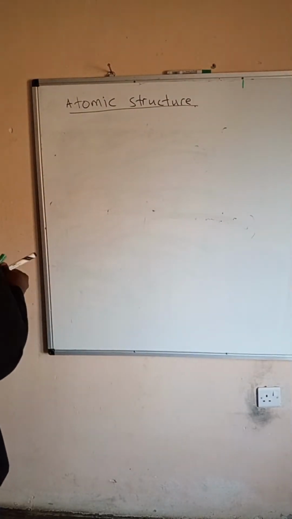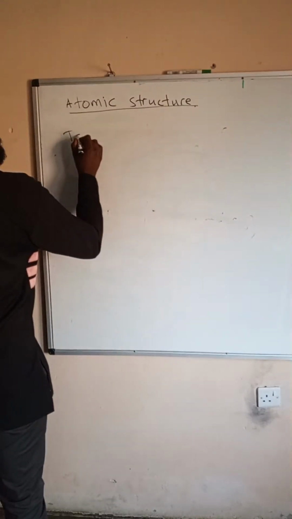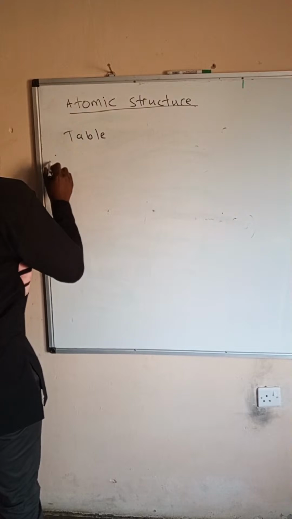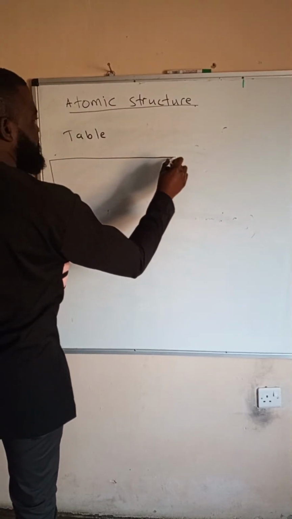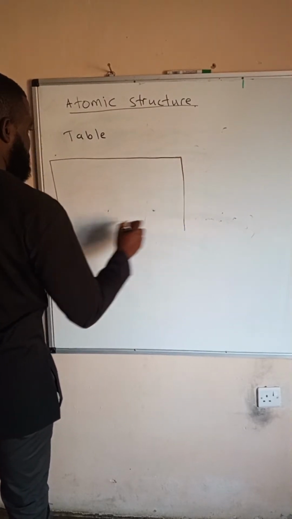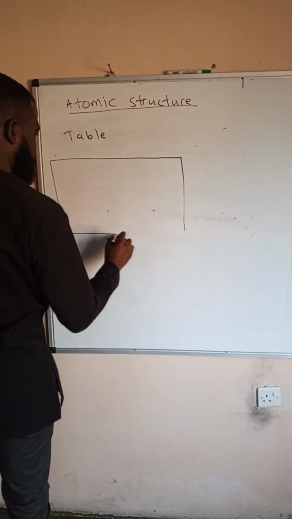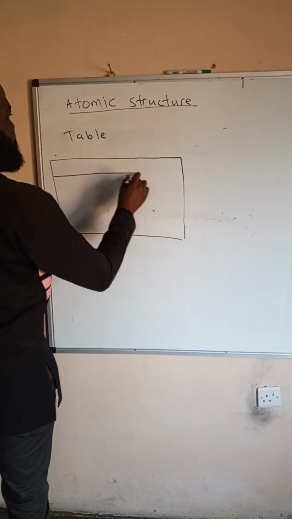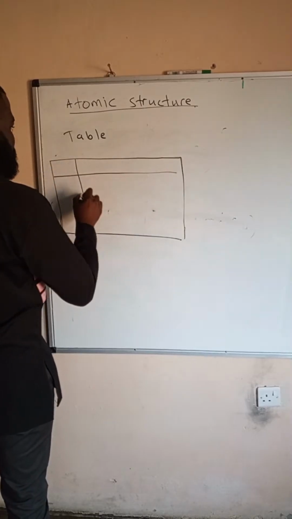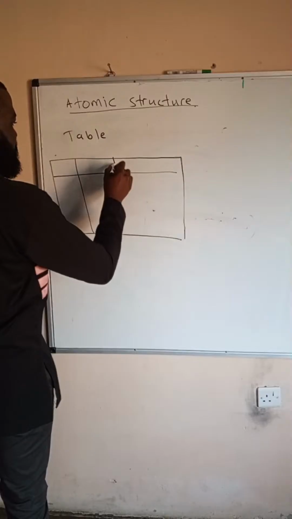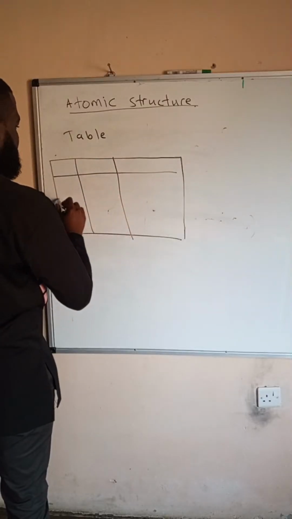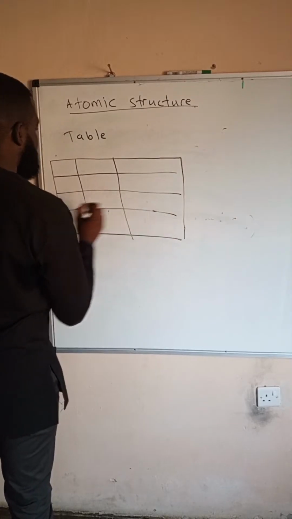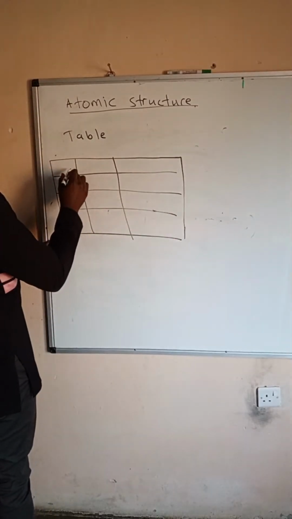Okay. Now I'll write a table. This table will represent simple illustrations. So I'll write this table like this, guys.